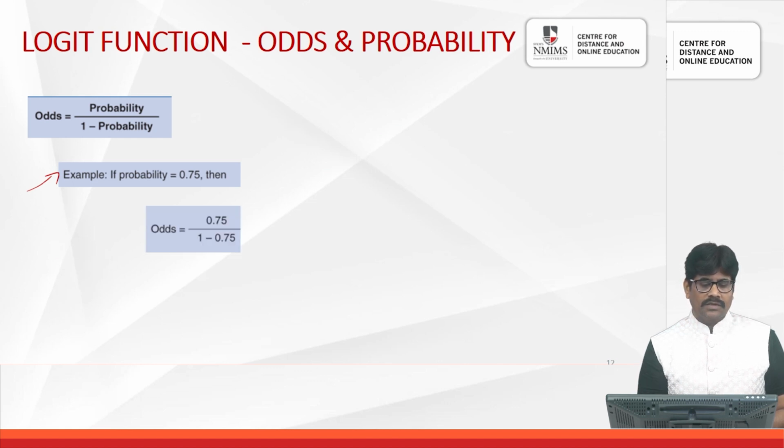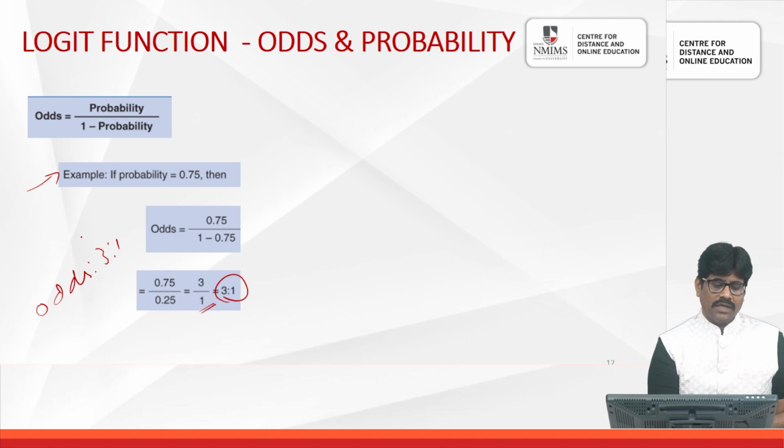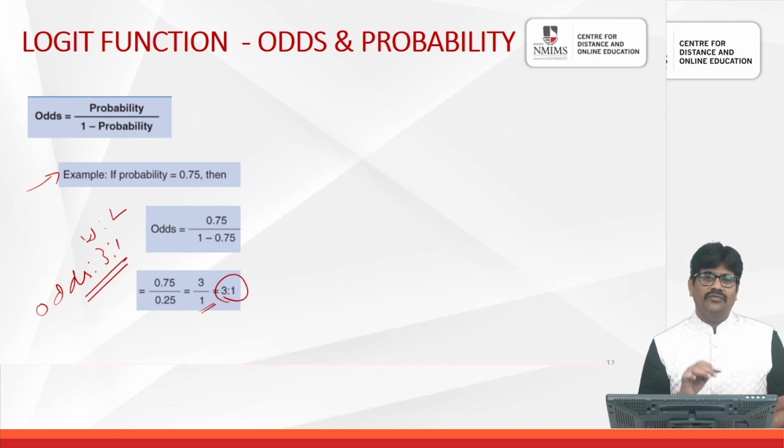Substituting, odds is equal to probability divided by 1 minus probability, so I get 0.75 divided by 1 minus 0.75, which gives the ratio of 3 by 1, represented as 3:1. Odds are usually represented in terms of a ratio. So with 3:1, we can say this is the winning odd and this is the losing odd. The odds of winning are 3 times more than losing, so the odds in favor of winning are 3:1.